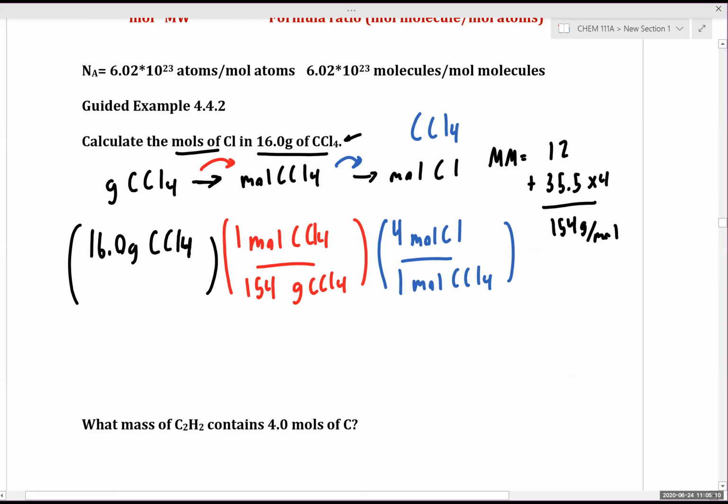Okay, now, if you look at the units, you see grams cancel and moles cancel. And if we punch this into our calculator, we get 16 over 154 times 4. That in turn gives us 0.416 moles of chlorine.